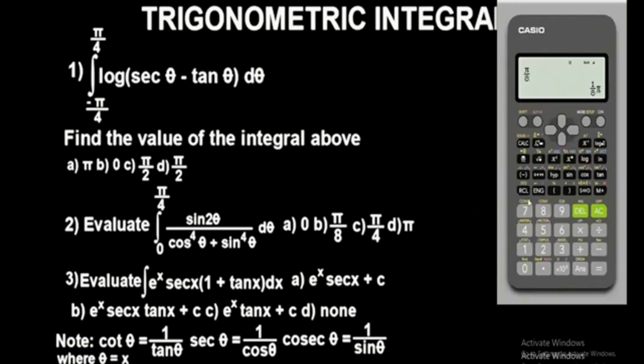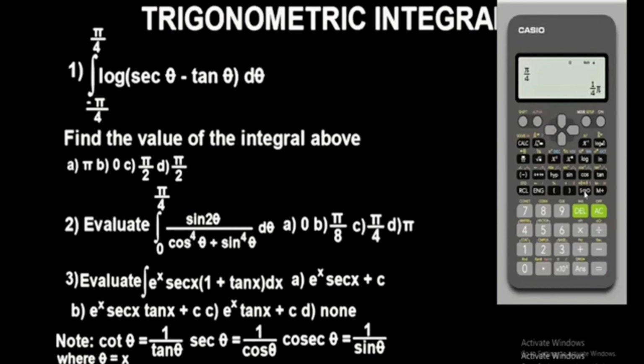To change this to decimal, you press SD. Now we got 0.78. So let's check option C. Let's just adjust this here guys. Remove this 8 and put 4. So that is it.